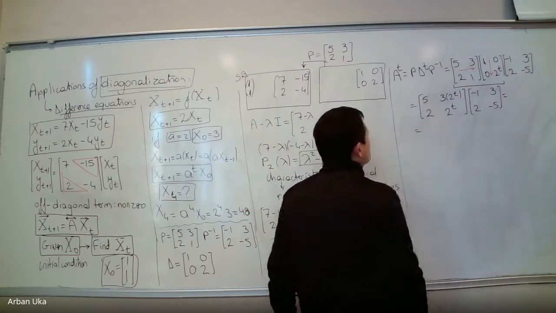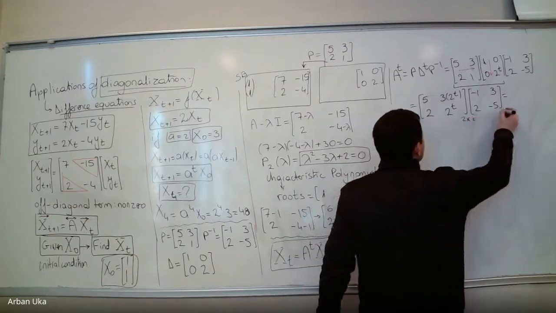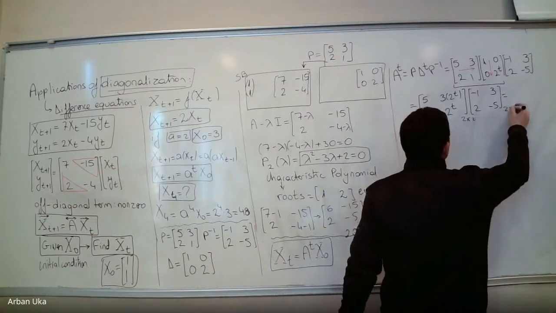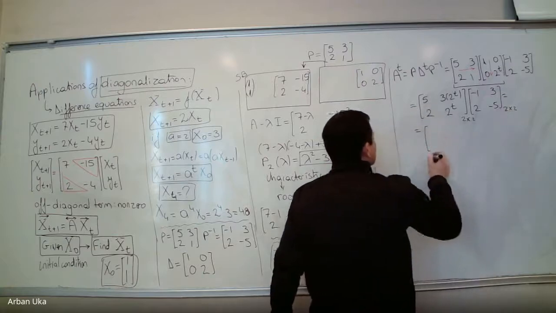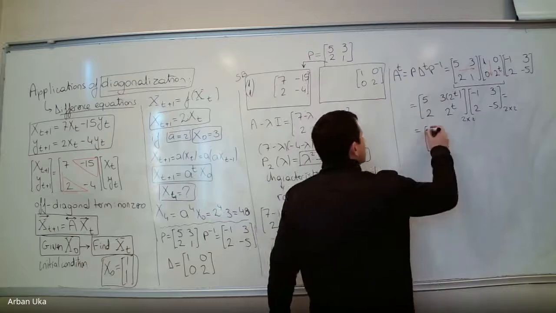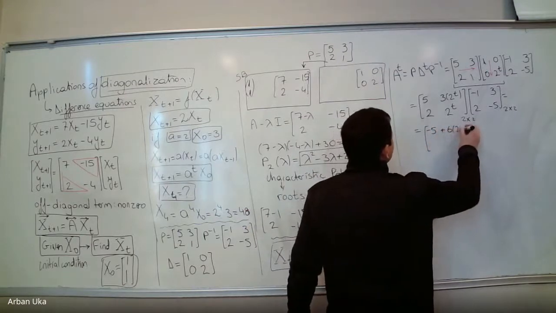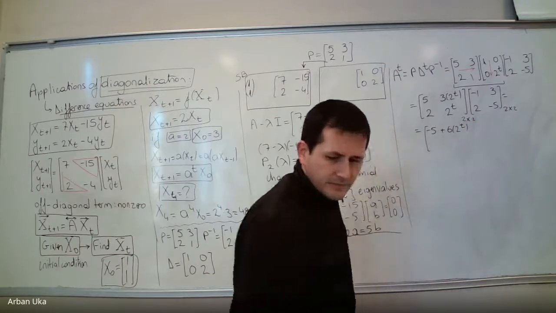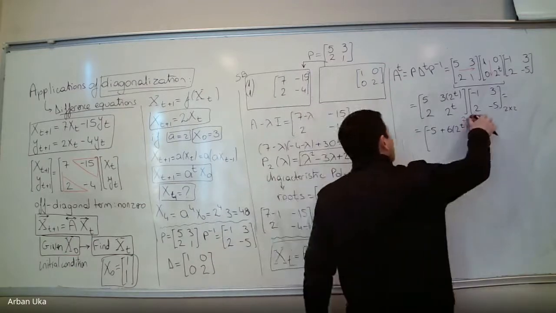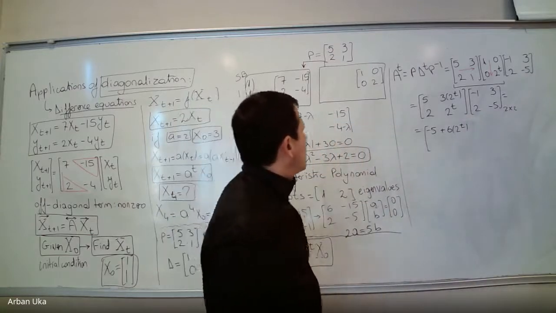And this will be equal to, so here we have a 2 by 2 matrix, and here we have a 2 by 2 matrix also. So the answer will be a 2 by 2 matrix again. So this is equal to minus 5 plus 6 times 2 to the power of t.